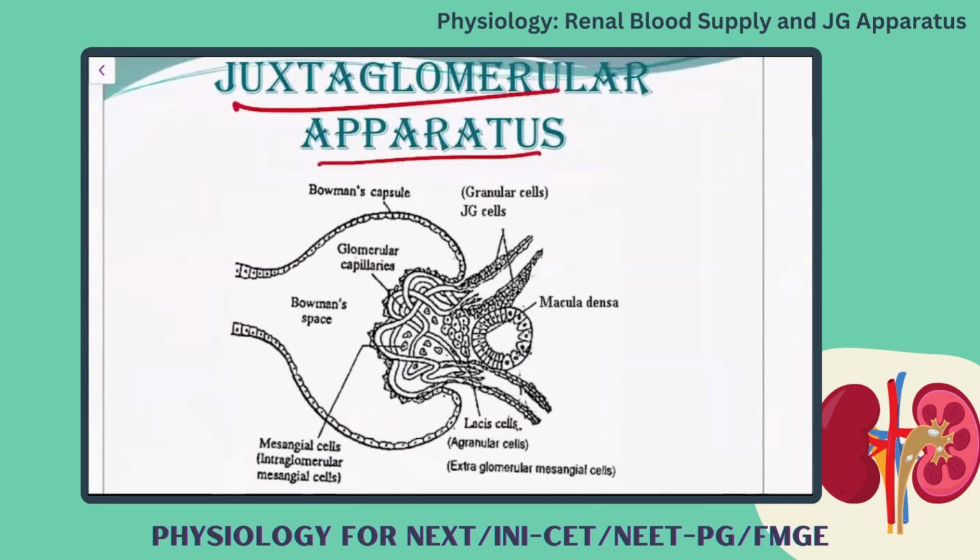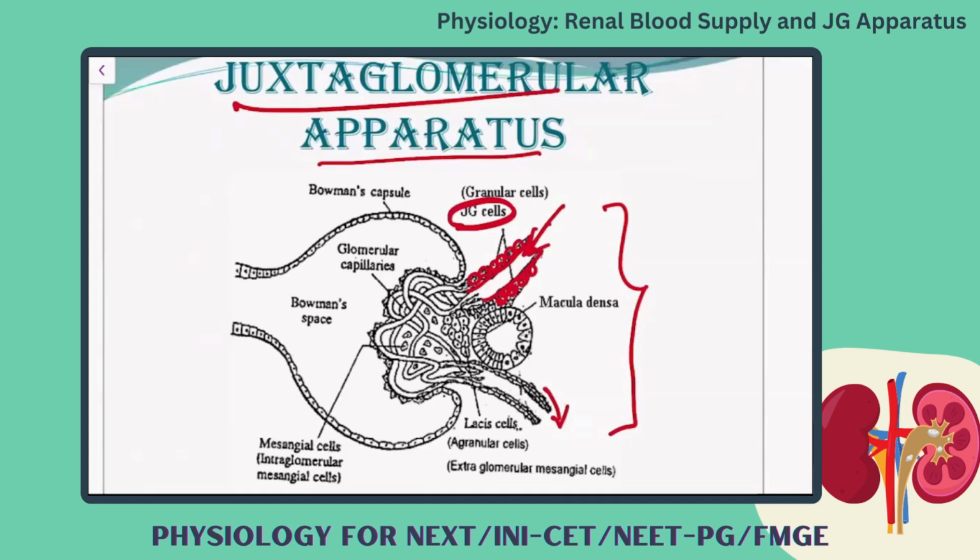This is another important type of cells which is present at the Bowman's capsule. So this is the afferent arteriole, this is the efferent arteriole. Okay, on either side of the afferent arteriole, you have a group of cells. They are called juxtaglomerular cells. These juxtaglomerular cells' main role is to detect the blood pressure when the blood is entering into the kidney, whether the blood pressure is low or high.